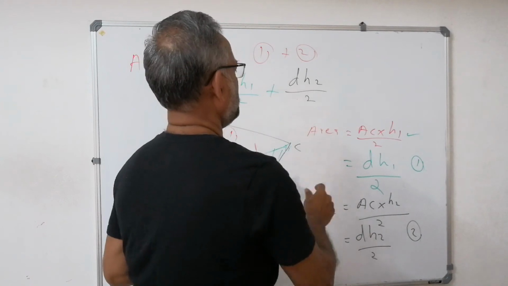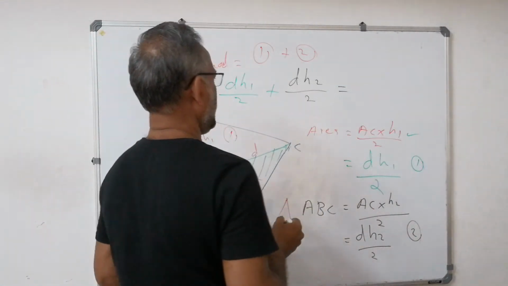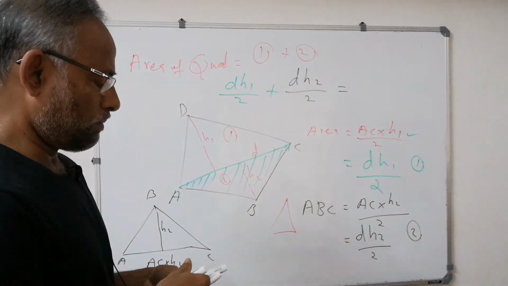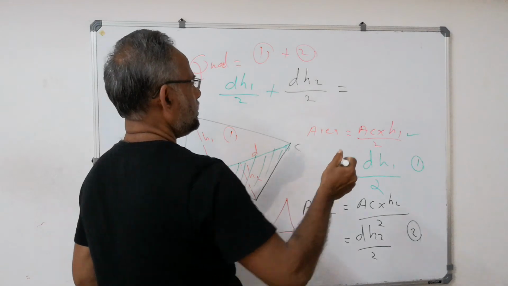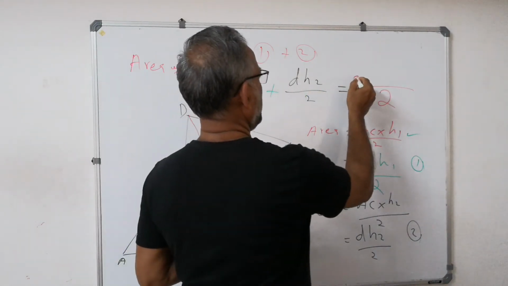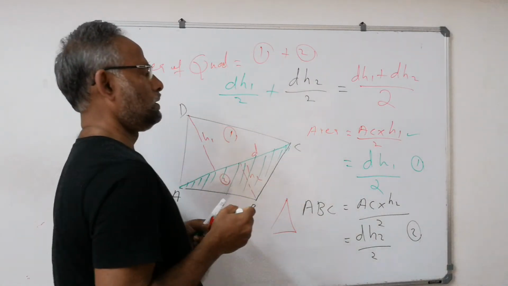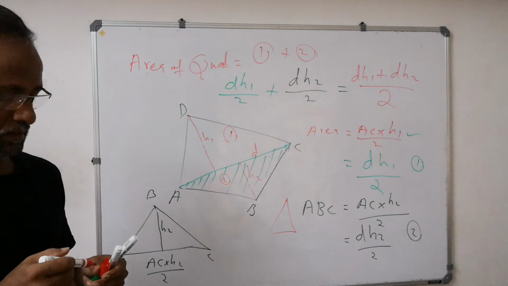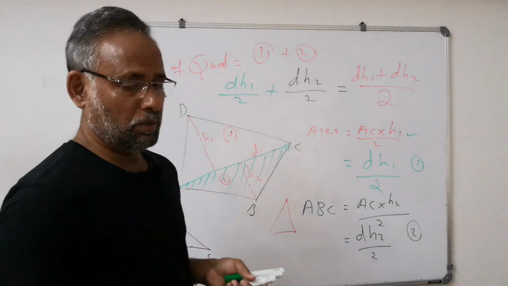Now let me erase this one. No space. So we can add this one. Pure maths only. Algebra: 2 is the denominator and D H1 plus D H2. Am I right? Yes. D H1 plus D H2 by 2.